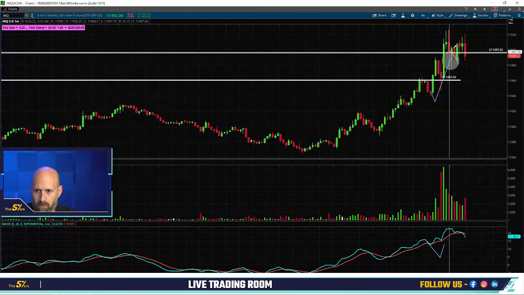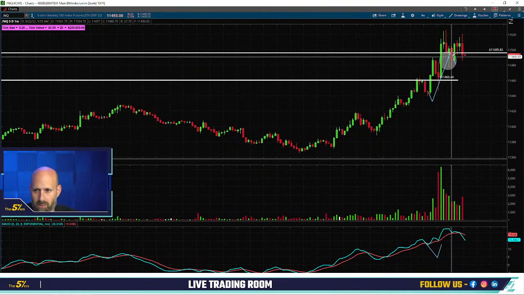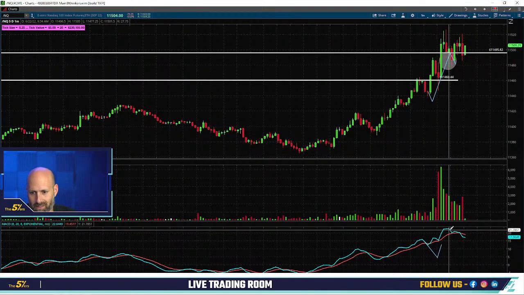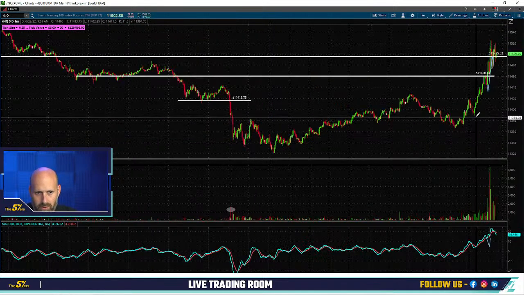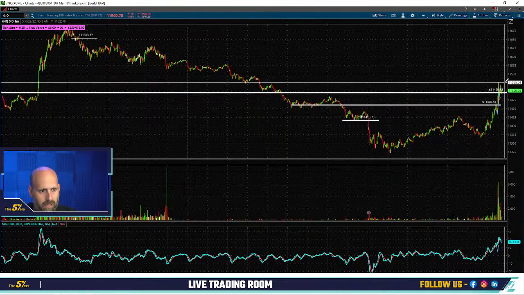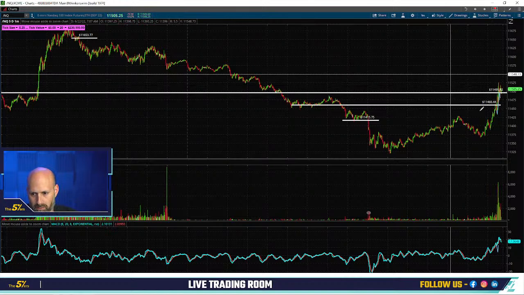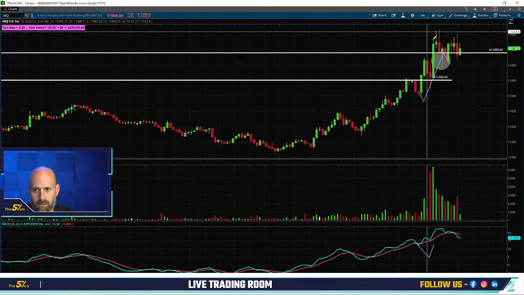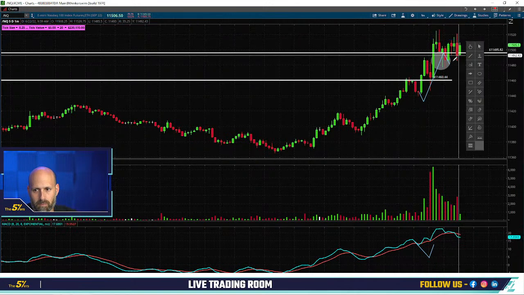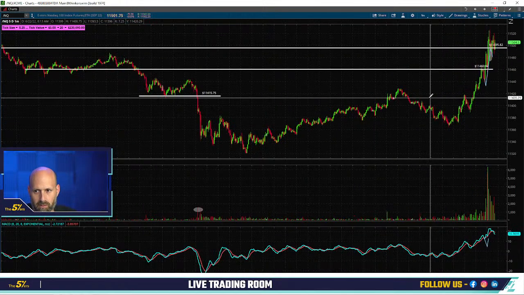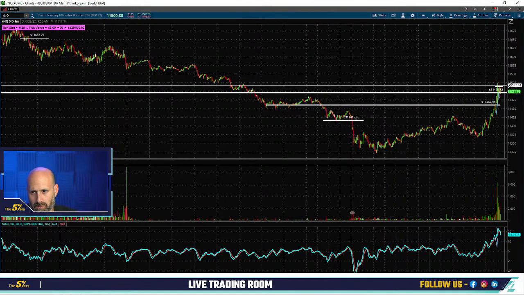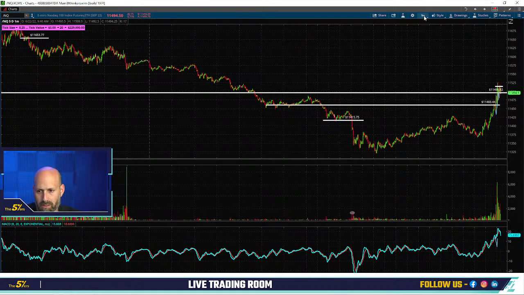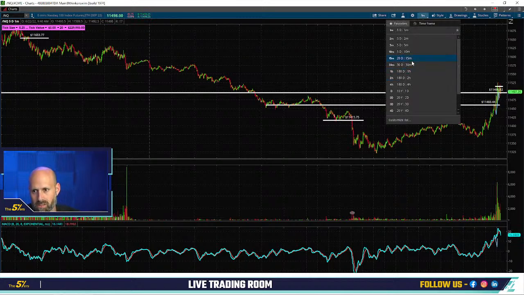Okay, let's see. So we reached that support, the resistance level. We actually broke through it. It didn't create the negative deviation in the MACD. Let me see if we have anything else. If price breaks through that area, we should continue to the upside, at least until the next resistance level.